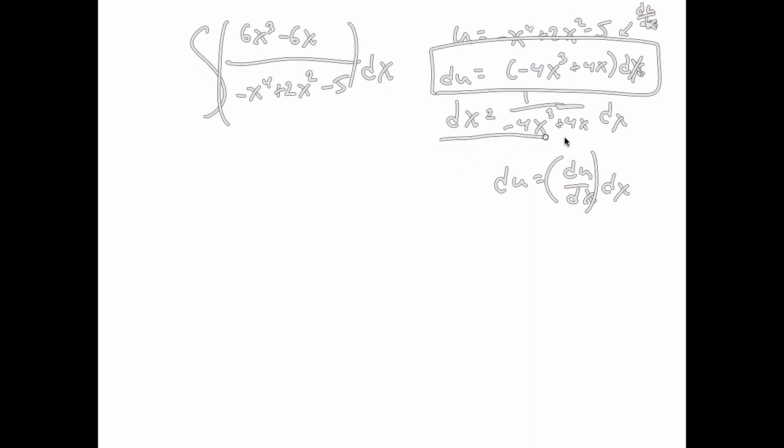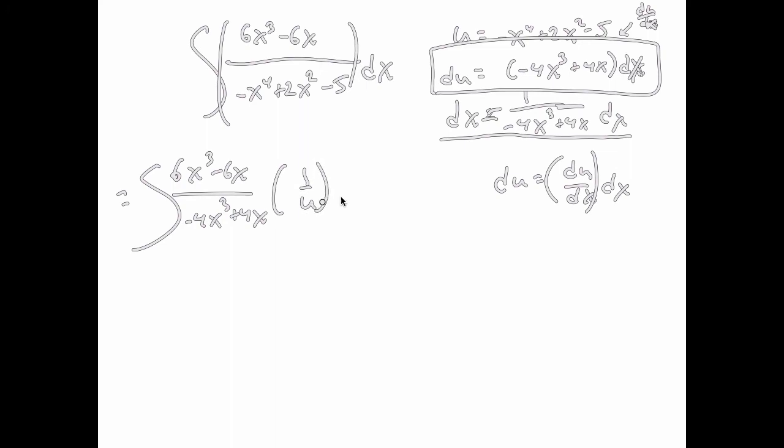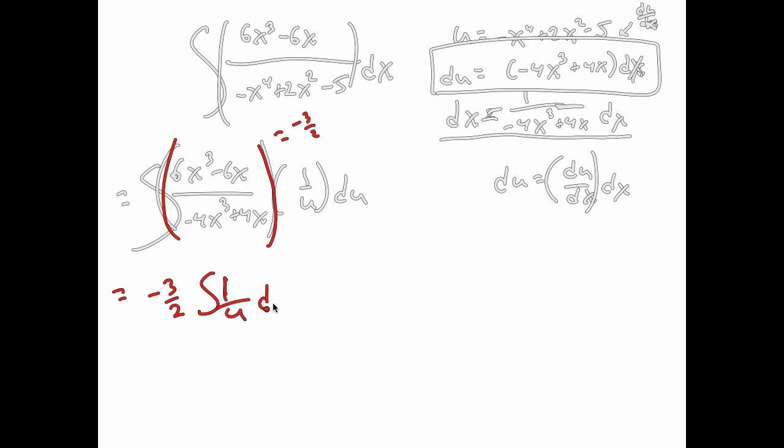Divide through by this to get this here. That means this equals 6x cubed minus 6x divided by negative 4x cubed plus 4x, and then times 1 over u du. Well, this thing over here, that I'm now going to write in bracket in red, is equal to negative 3/2. So you can pull that out and get the integral of 1 over u du.